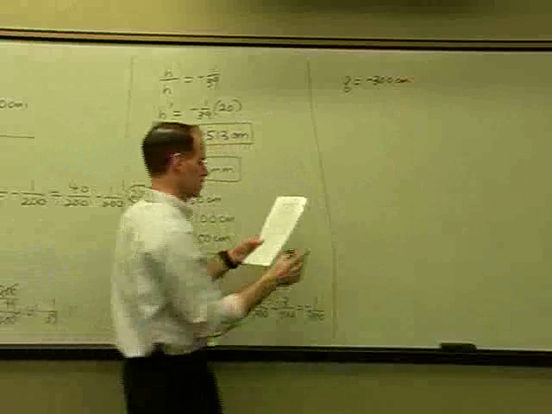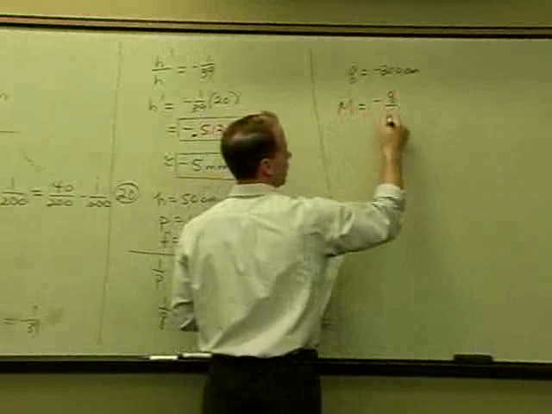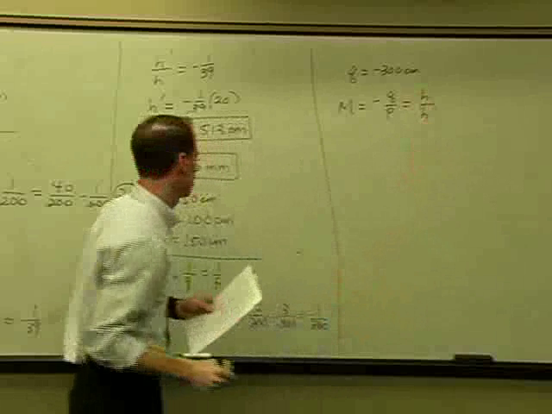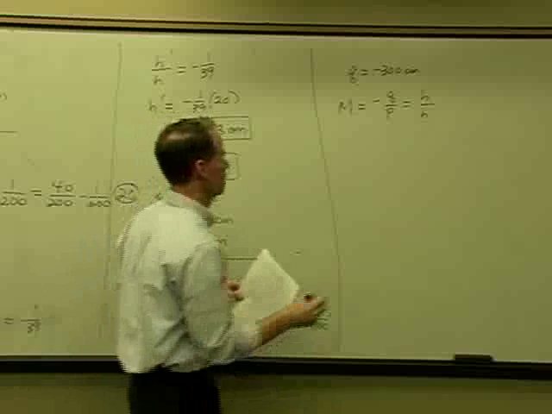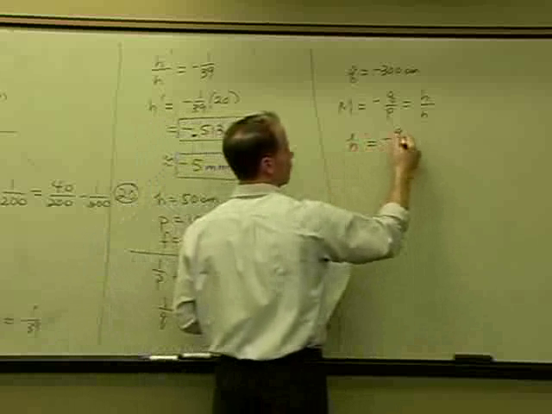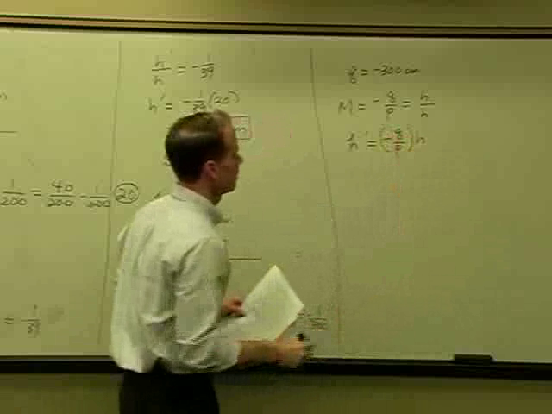And since magnification equals a negative Q over P, that's equal to image height over object height. And we want the image height, so the image height will equal a negative Q over P times the object height.